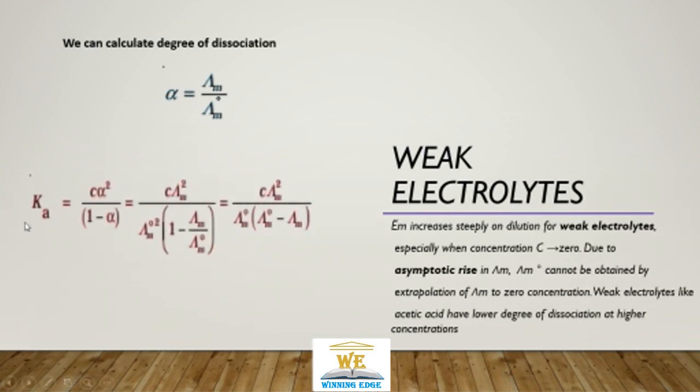So we substitute, this is the dissociation constant for equilibrium, C alpha squared over 1 minus alpha. Substituting the value here, we get the molar conductance at a particular concentration C. Then this is the limiting molar conductivity of the electrolyte, and 1 minus alpha is the difference between limiting molar conductivity minus molar conductivity.